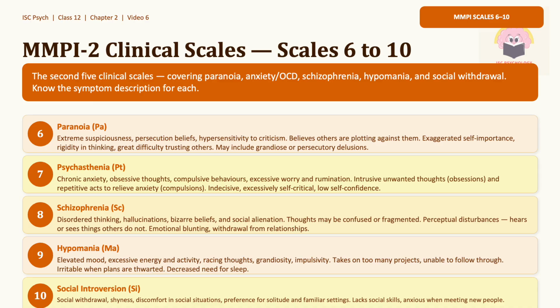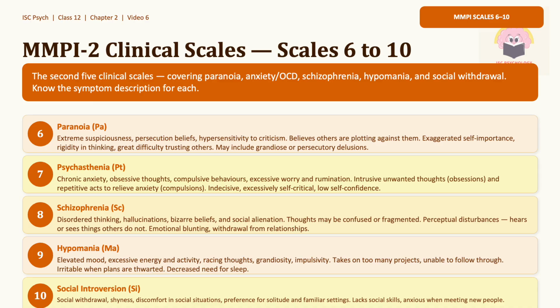They are hypersensitive to perceived slights and insults and may respond with hostility. They have an exaggerated sense of self-importance, are rigid in their thinking, and find it very difficult to trust others. In more severe forms, grandiose delusions and persecutory delusions are common.